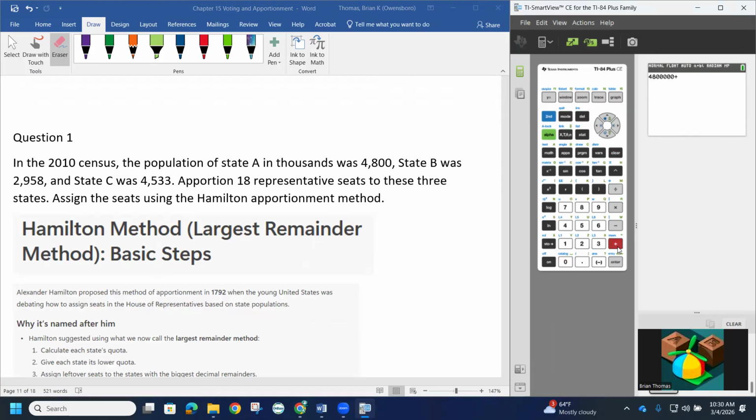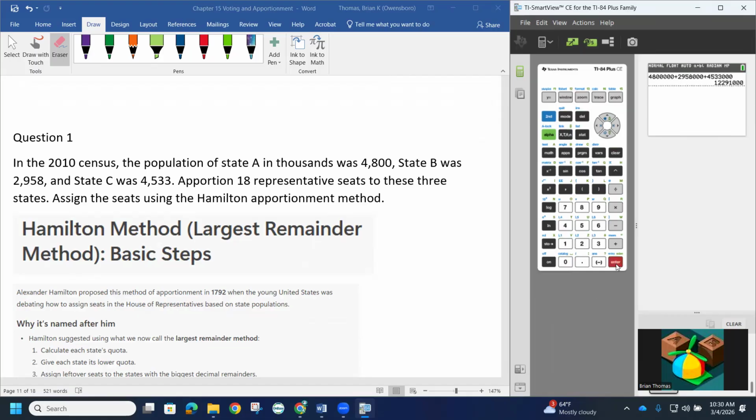And we want to add to state B: we got 2,958, but thousands, so I'm going to put that as 2,958 with three zeros. So that means 2,958,000. And then I want to add to that state C, which would be 4,533 and three zeros. So that really means their population was 4,533,000.